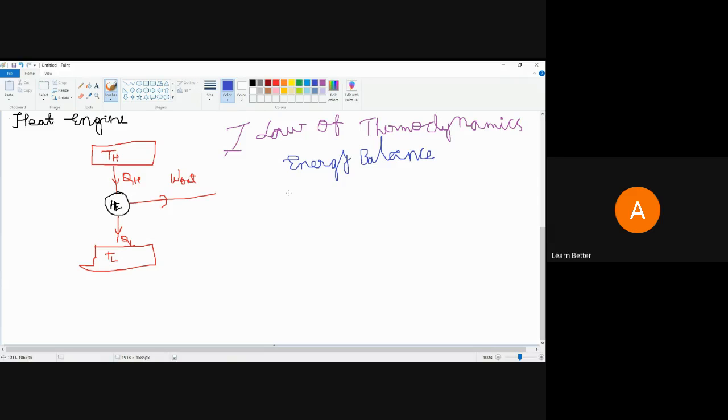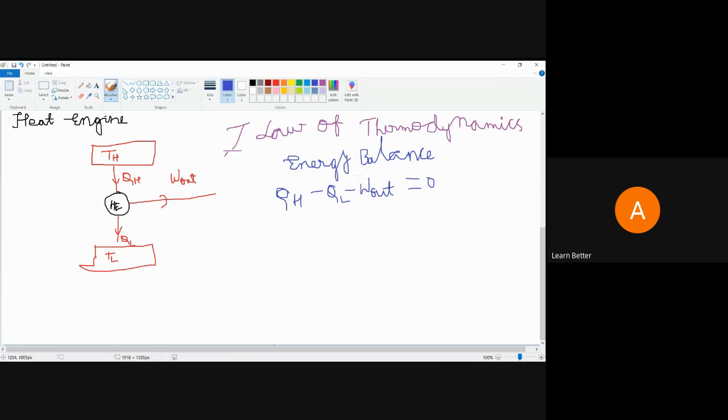Only QH, so QH will be in positive sign. What is going out from the heat engine? Work is going out, and the heat rejected to the lower temperature reservoir is going out. That completes the energy balance equation.